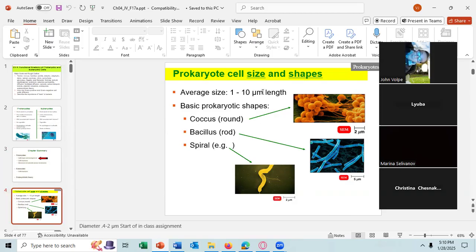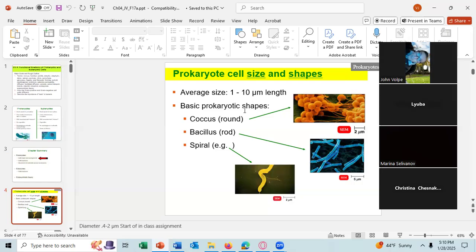And there's a question about that. I don't know if it's ever been answered. And then they can get up to about the very largest, 10 micrometers in length. In diameter, they're not that large, but there are some very large prokaryote cells. Getting 10 micrometers in diameter would be the size of the eukaryote cell.